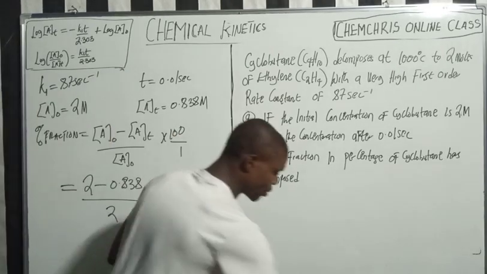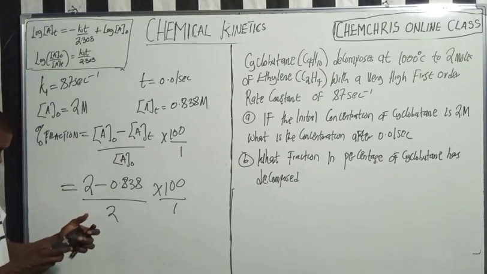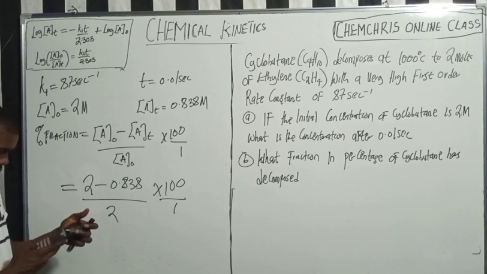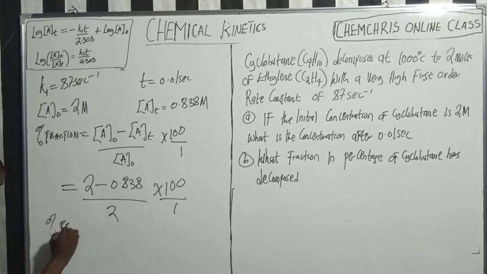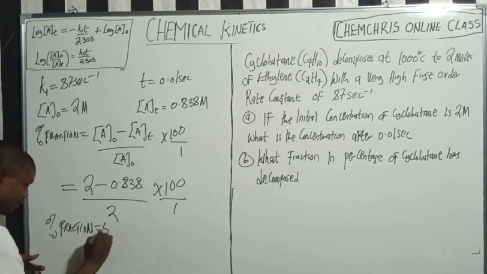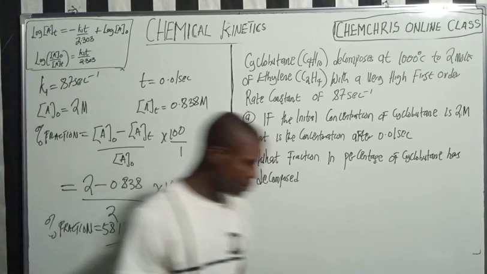So let's use our calculator in solving this here. 2 minus 0.838 divided by 2 times 100. Here we have the percentage fraction. Percentage fraction is equal to 58.1%, right? That is it.